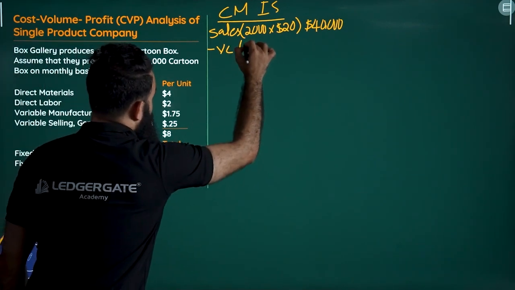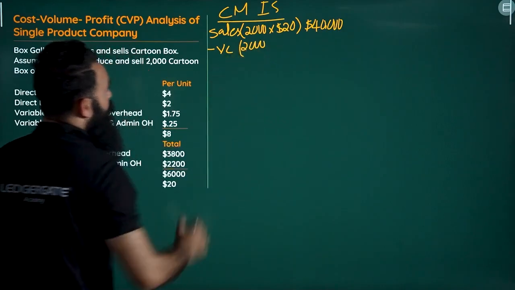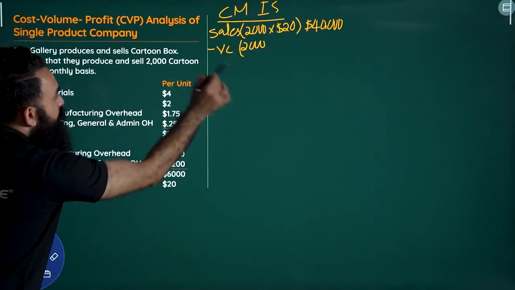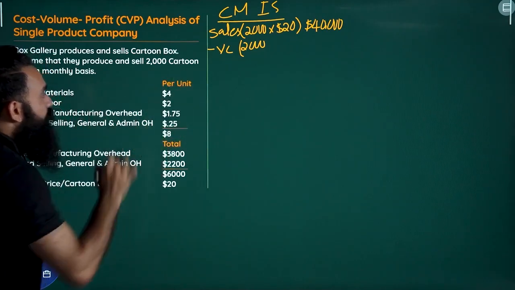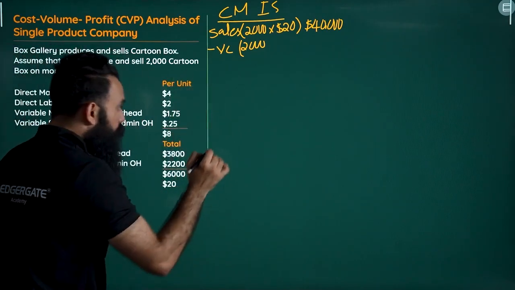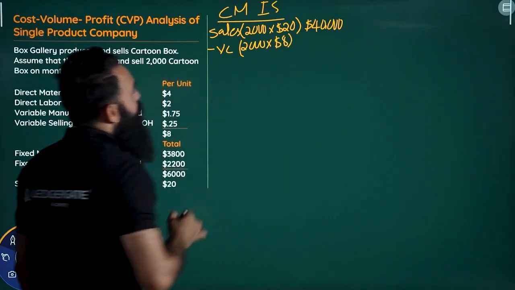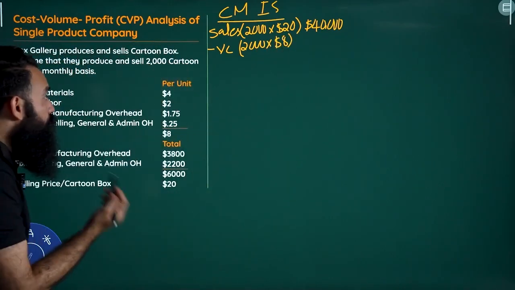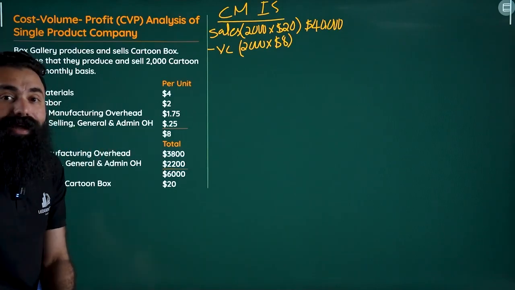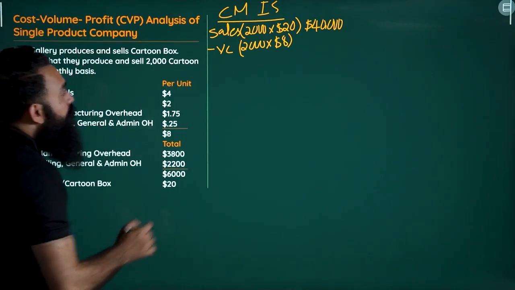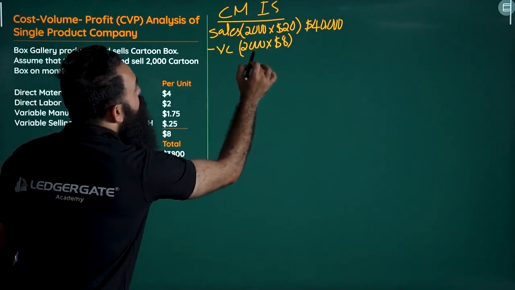For each unit, variable cost is $8, right? For 2000 units, how much would it be? 2000 into $8. Actually, variable costs are costs incurred proportionately to the activity. Here our activity is sales. That's why we are incurring based on our sales.